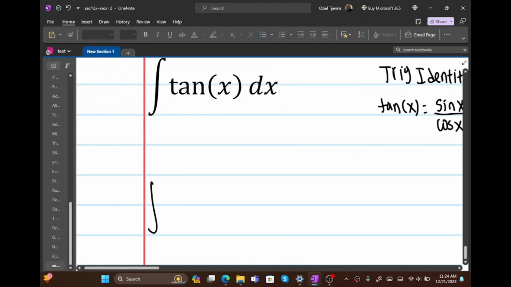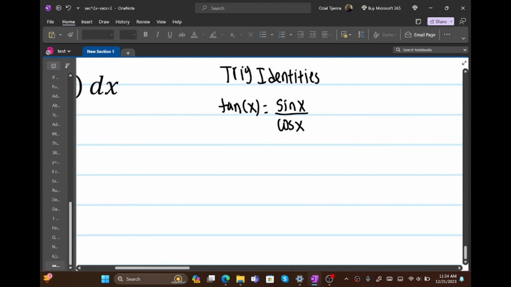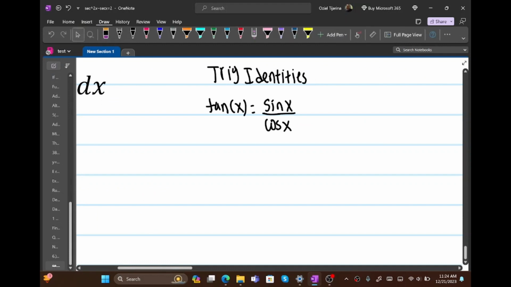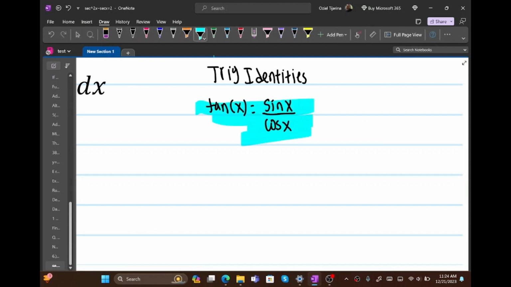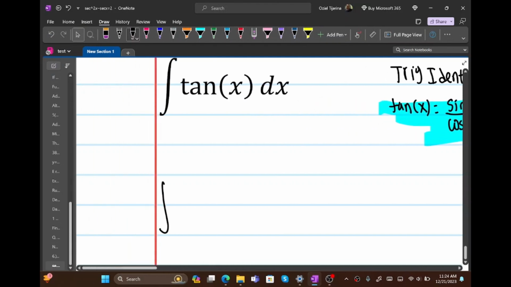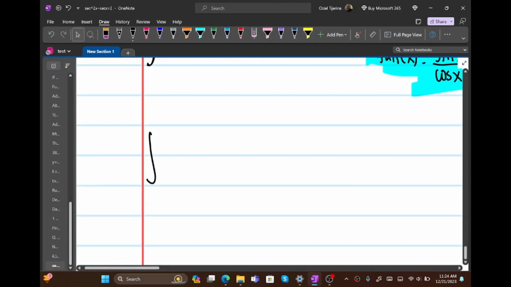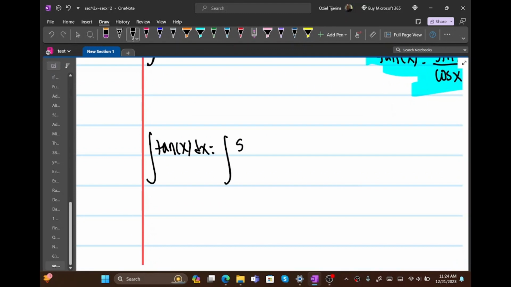So here we're just going to rewrite this as sine of x over cosine of x. That is the first step. So the integral of tangent of x dx is actually going to be the integral of sine of x over cosine of x dx.